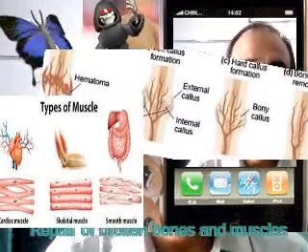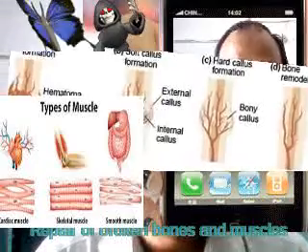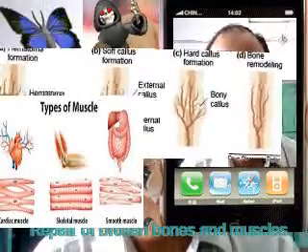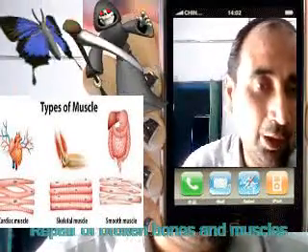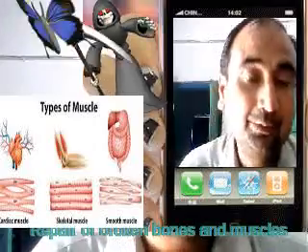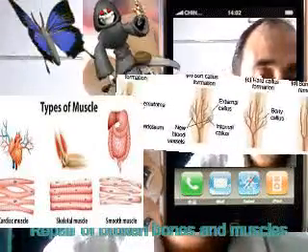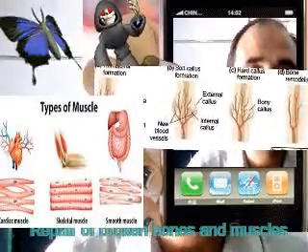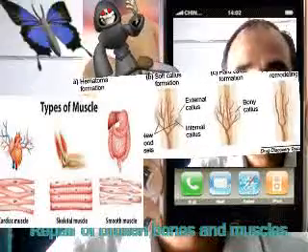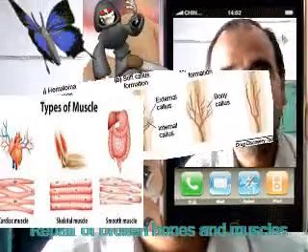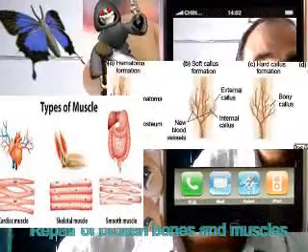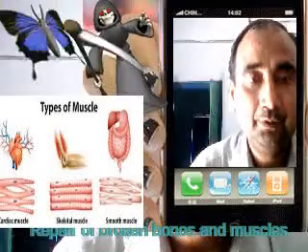As a result, a blood clot is formed. This blood clot is known as hematoma, as shown in the figure.